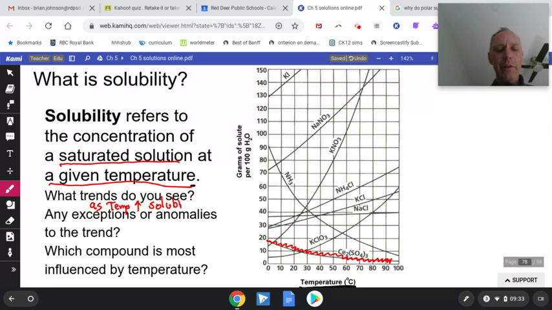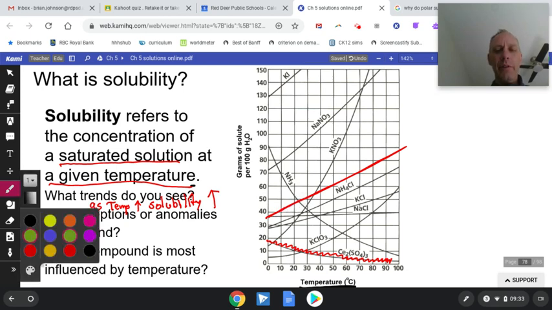The solubility increases. So as a general rule, you're seeing this kind of a trend. As we move across in temperature, the solubility increases. Temperature is getting higher, solubility is getting higher.